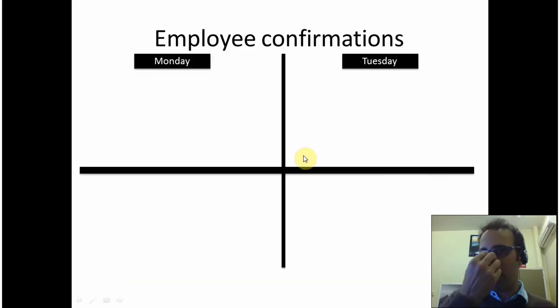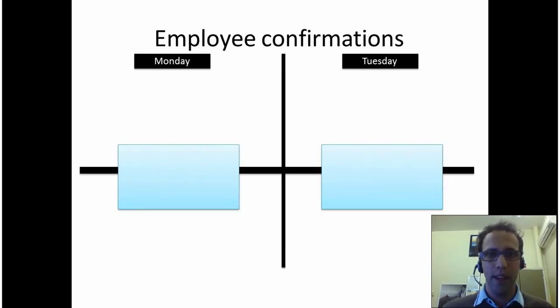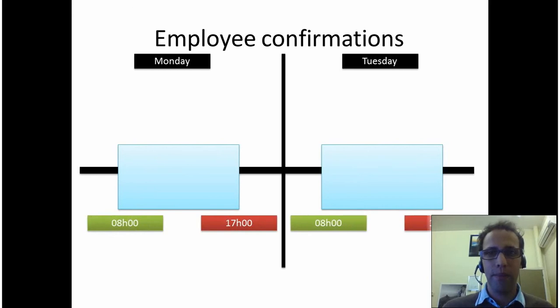In terms of timing, let's look at 2 days on when you're doing timesheet corrections, if you are a timesheet authorizer or approver, and when you make your employee confirmations, because it must be timed correctly. If you have shift on Monday, shift on Tuesday, it's a day shift starting at 8, ending at 5 in the afternoon.